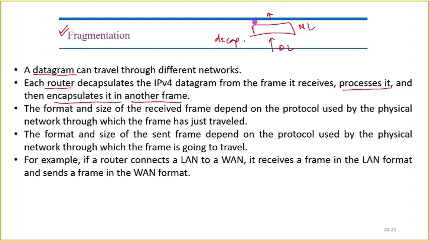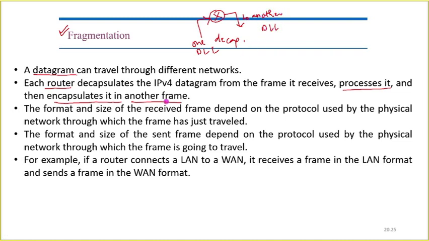So at a router, it takes the data from one data link layer, and after processing, it sends it to another data link layer.